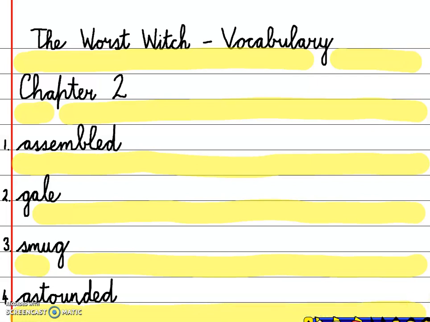Now I've run out of room here, so I'm going to have to go on to the next page, but you just continue on. So we skip a line, and then the last word we circled from this chapter, I'll just put it up here, is the word bewildered, which is quite a big word. B-E-W-I-L-D. We have two words there in bewildered, the word be and the word wild.